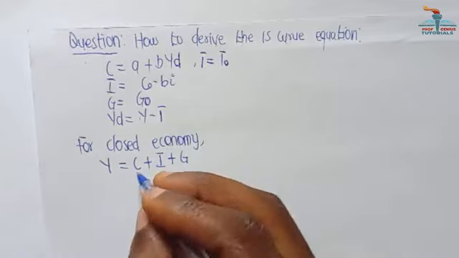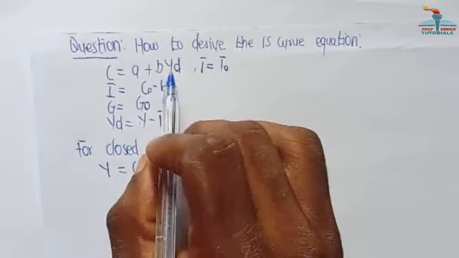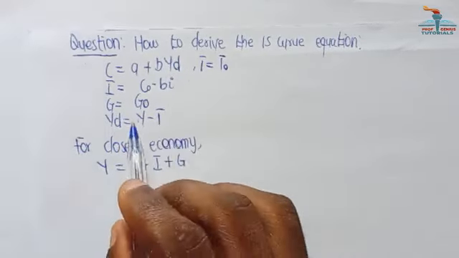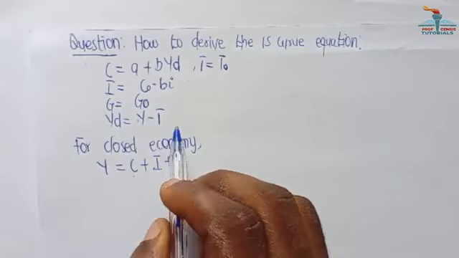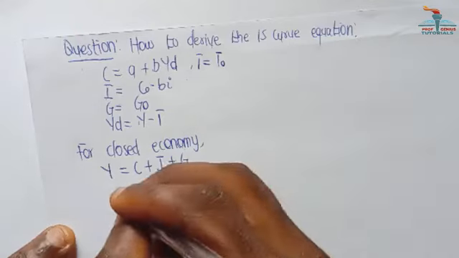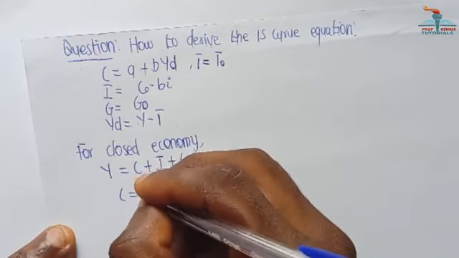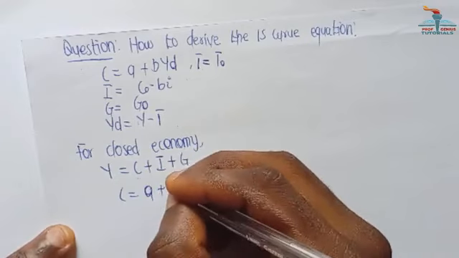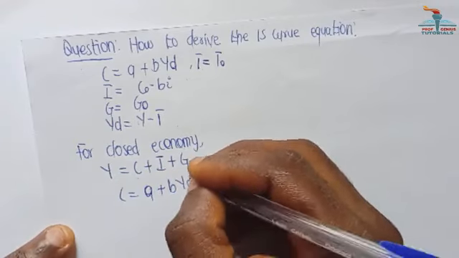We know that C is equal to A plus BYD, but YD here is equal to Y minus T. So now let us expand C. C is equal to A plus BYD.